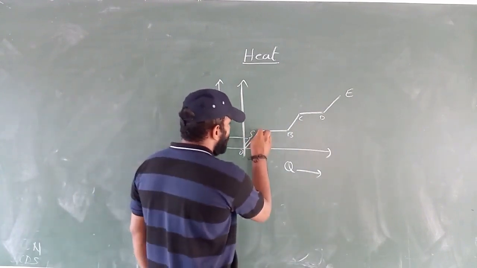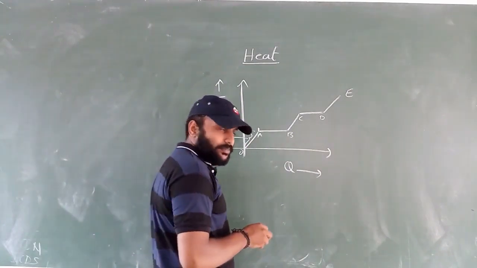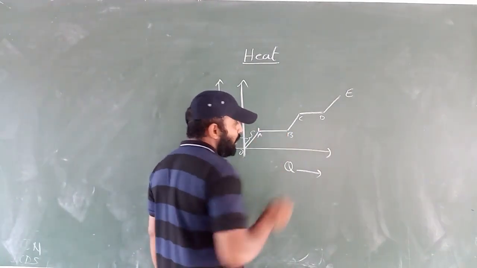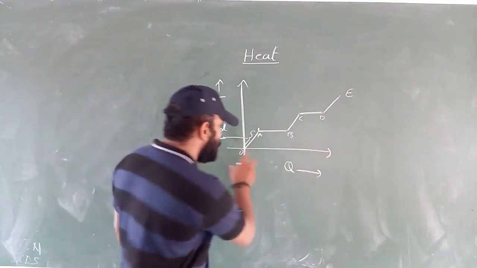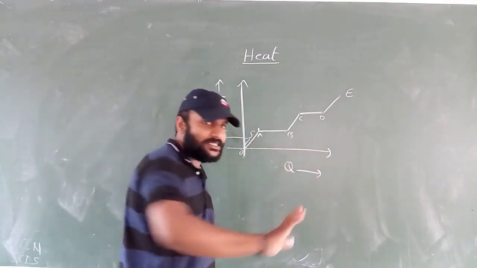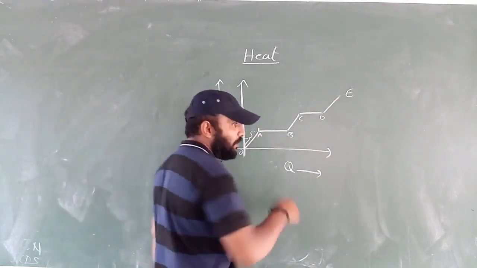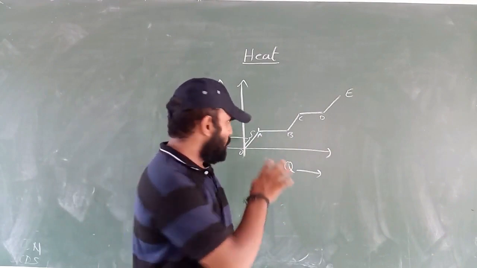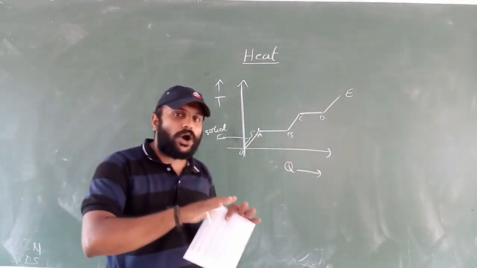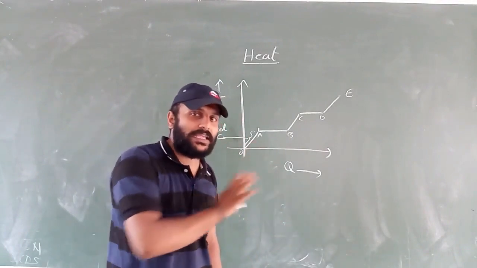As the temperature rises and reaches A, from A to B we can observe that though we are providing heat energy, the temperature is not rising. The temperature became constant. Until all the ice cube melts, the temperature doesn't change even though we are providing heat energy.